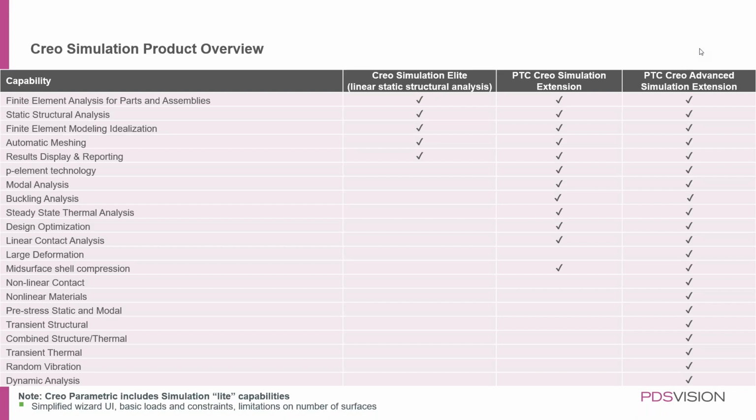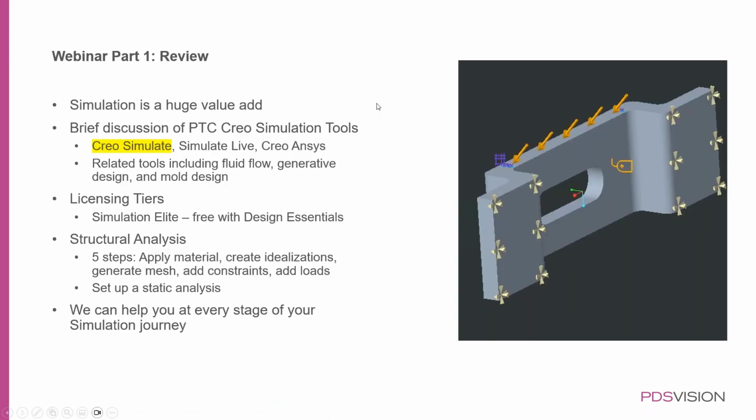That's going to cover combined structural thermal, which we're going to talk about today. It also includes pre-stress, nonlinear materials, and transient thermal analysis. So there are certain features today that I'm going to be showing that do require these advanced license seats, either the intermediate column or the advanced column. Last time you'll remember I tried to keep the demonstration to Simulation Elite features.